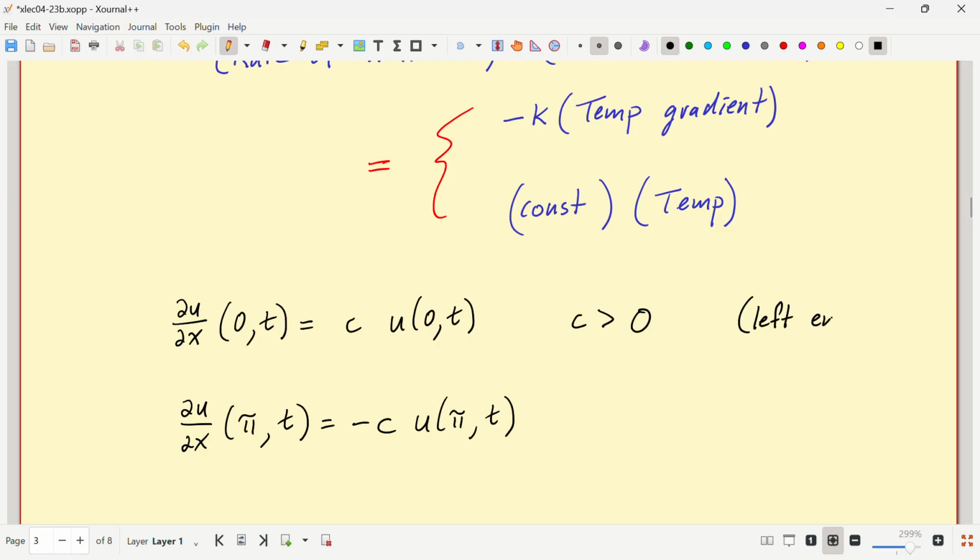Anyway, you got to think like an engineer when you do this and come up with the proper boundary conditions. This would be the right end. And those correspond to a radiation kind of event on the endpoints. Anyway, those Sturm-Liouville problems are really interesting, and you get some totally wild generalized Fourier series out of those.